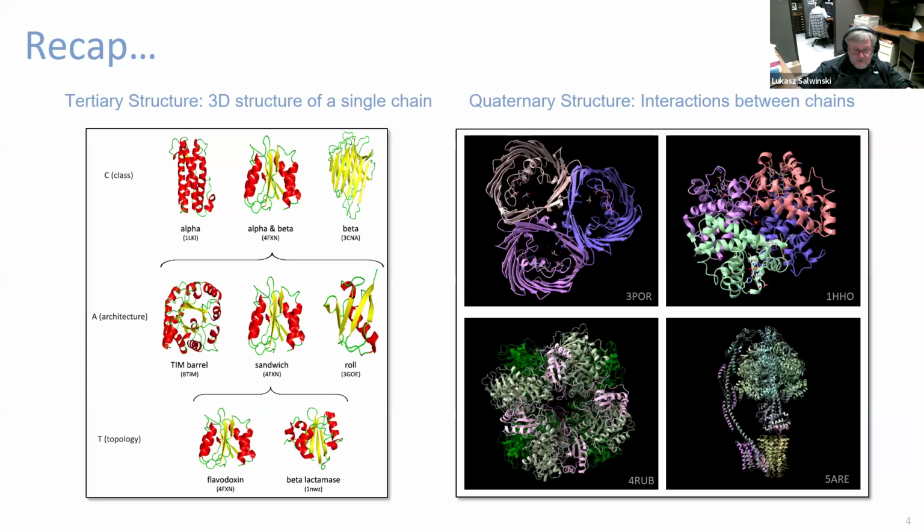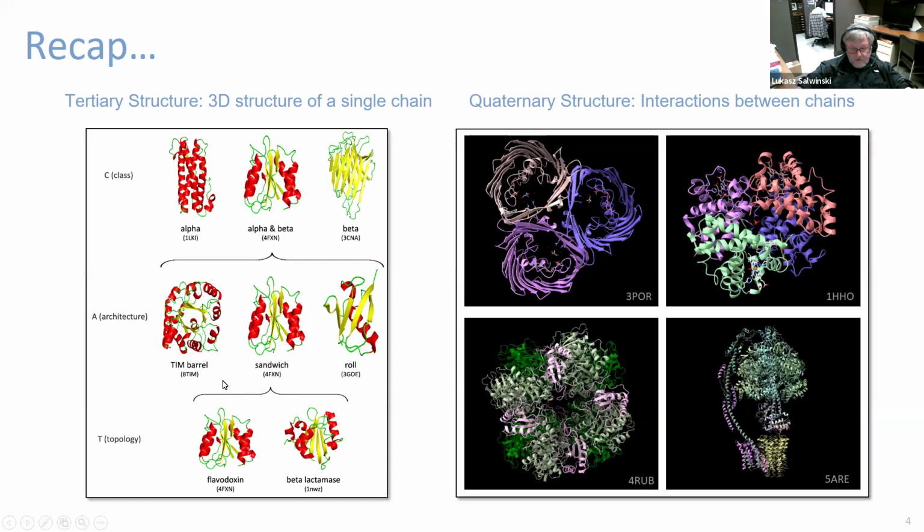That's describing the architecture. And for each specific arrangement, like here we've got a couple of alpha helices on the right side, a couple of alpha helices on the left side, and beta sheets in between, we can connect them in different ways by the loops, and that's corresponding to different topologies.